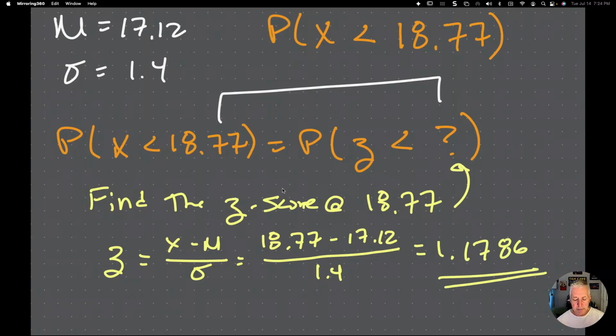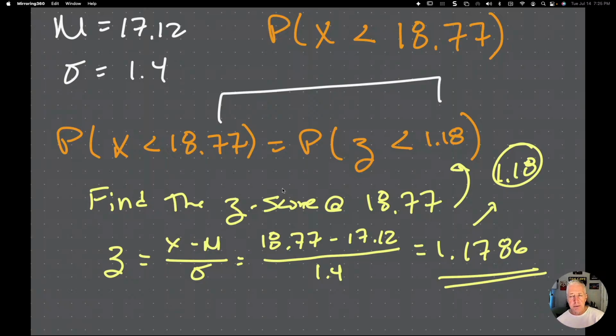How exact do we want to be tonight? I think I'm just going to go out to 2 decimal places. So I'm going to round that to 1.18. So there's my z-score. That is what we're going to replace this with: 1.18. Now we can work with it.